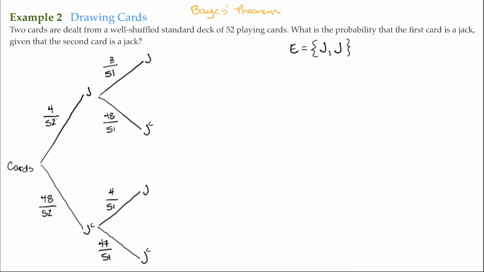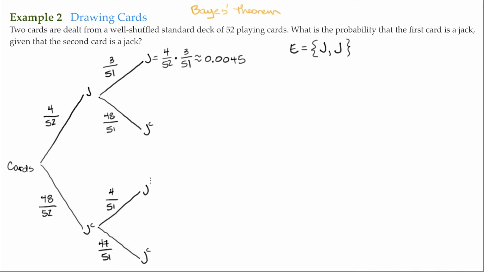Well, we take our 4 out of 52, multiply that to our 3 out of 51. That's approximately 0.0045.